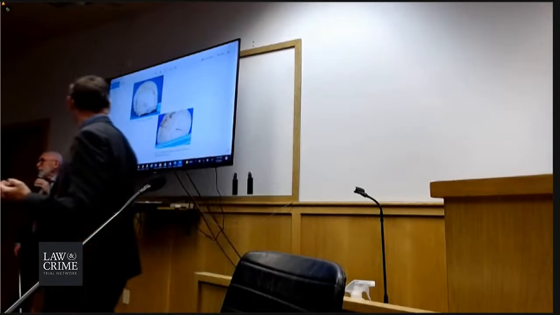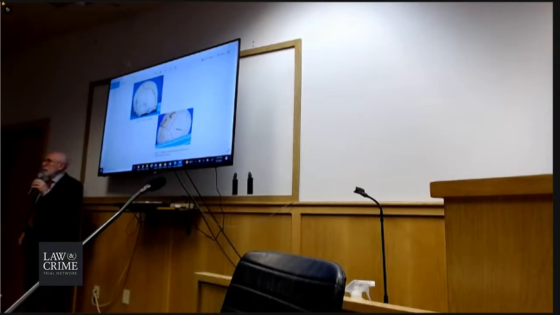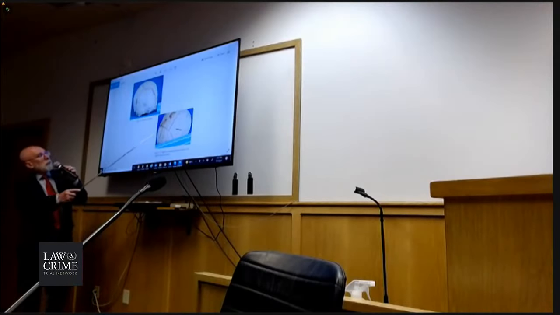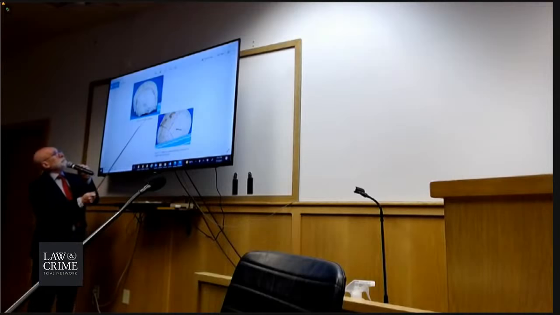Correct. And when we're talking superior, that's the top, right? Can you point those out to the jury, please? So it's these linear striations that you see on the top of the head. So this would be the top left side of the head.